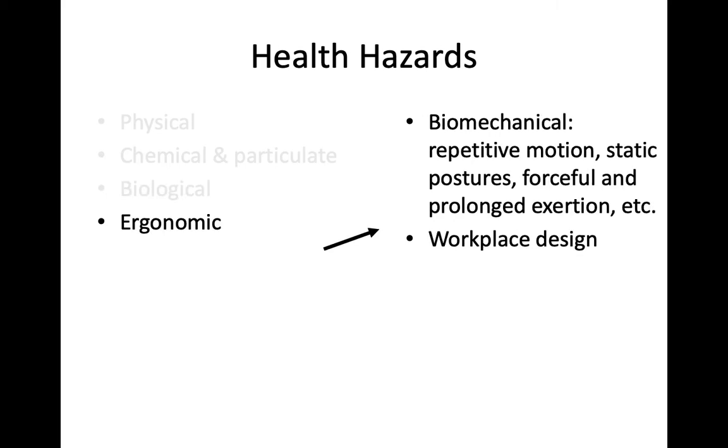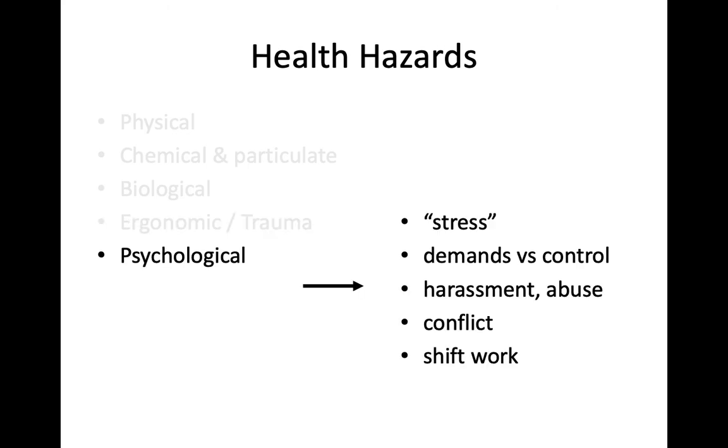Ergonomic hazards could be biomechanical, repetitive motion, static postures, forceful and prolonged exertions, and also workplace design. And then psychological, these would include stress, demands versus control, harassment, abuse, conflict, shift work.